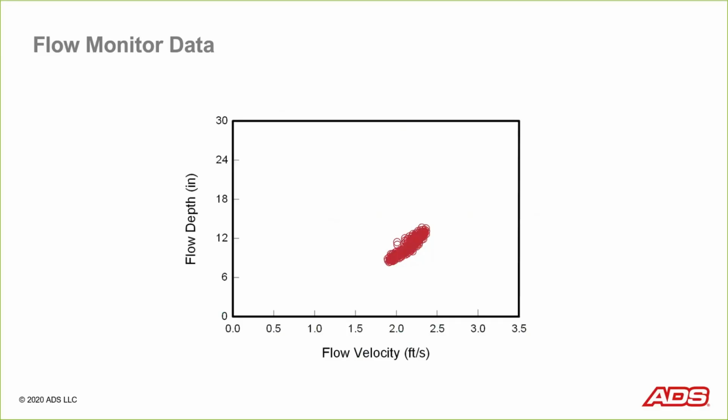Now, the one thing that we also need to understand is that we need some perspective on this data. With a hydrograph, that perspective is the diurnal pattern that we expect to see. What is that default expectation for a scattergraph? It turns out that default expectation is the Manning equation.